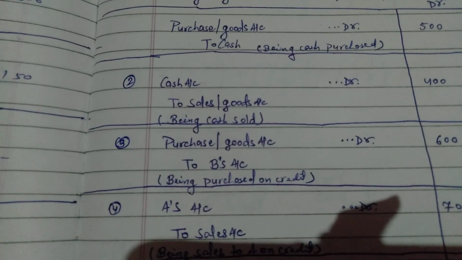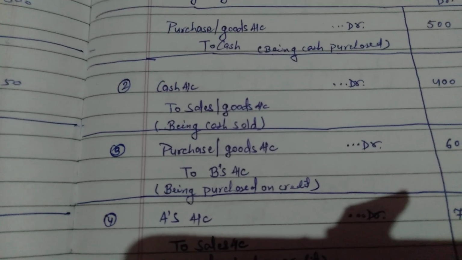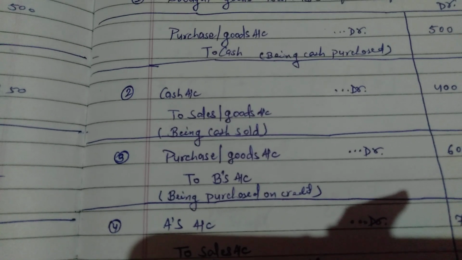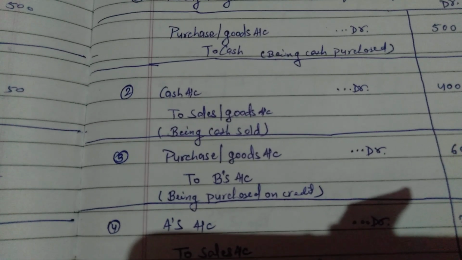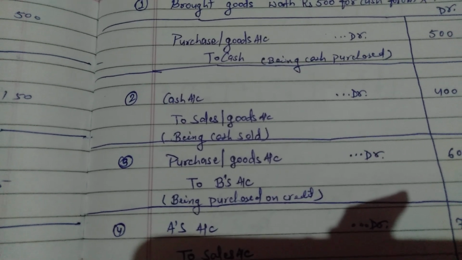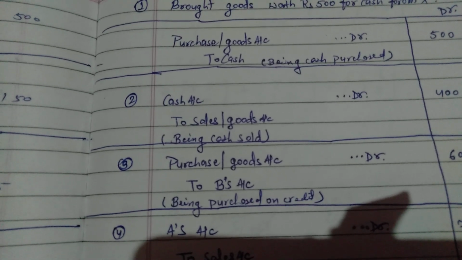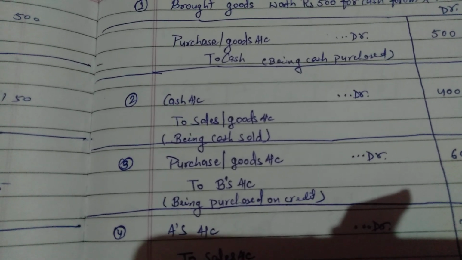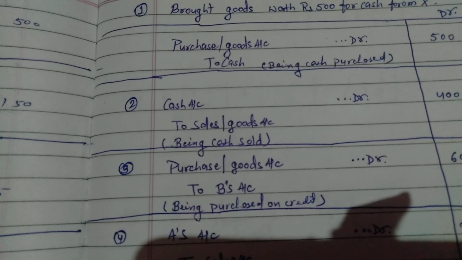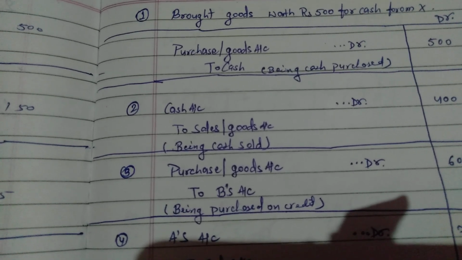The next type of problem is being purchased on credit. I told you that some transactions will be related to credit. So what is the problem? Purchase on credit. So purchase will be debit, or goods will be debit, with the sense of some person's liability to be paid. Who sold? B sold.